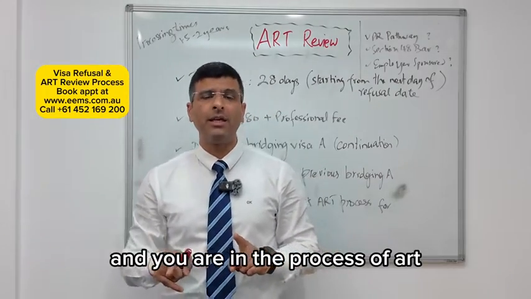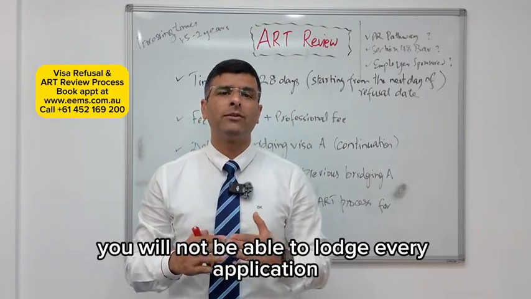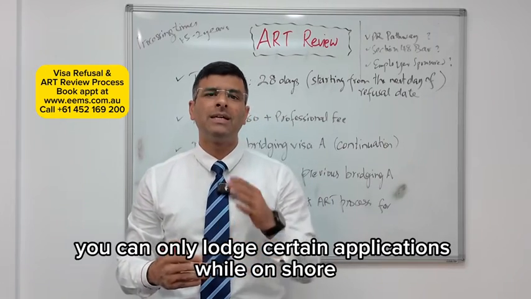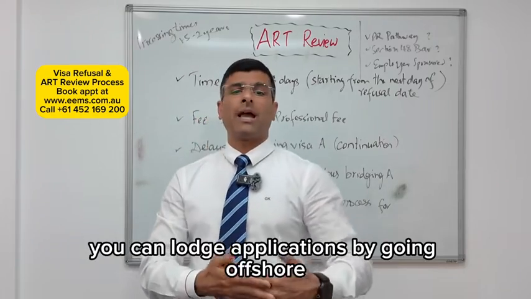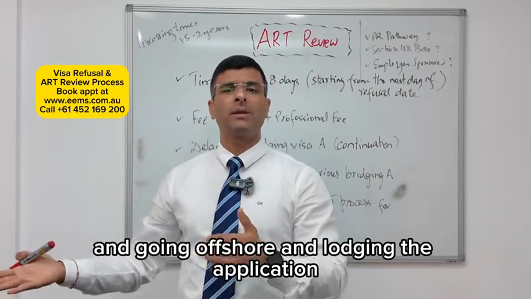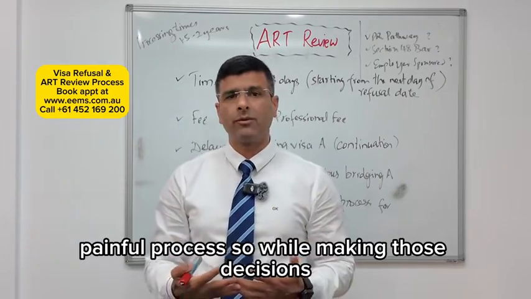I also want to add here, once your visa is refused in Australia and you are in the process of ART, you are section 48 barred. That means you will not be able to lodge every application while onshore in Australia. You can only lodge certain applications while onshore in Australia. Although you can lodge applications by going offshore, taking bridging visa B, lodging the application and coming back to Australia, some people don't want to go through that painful process.